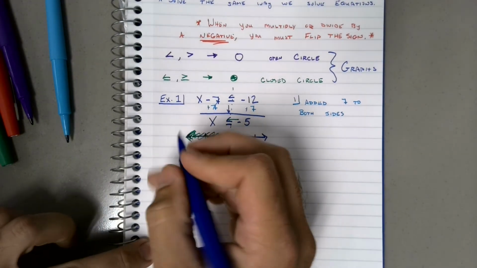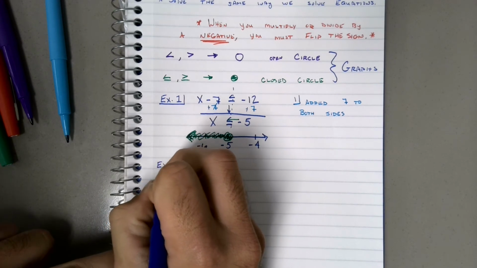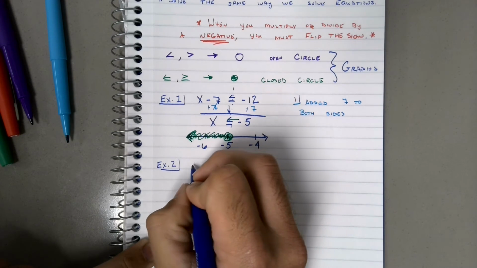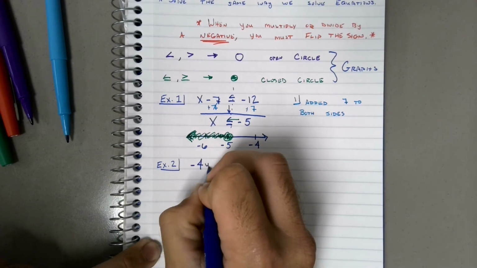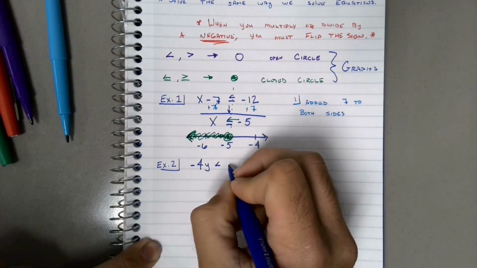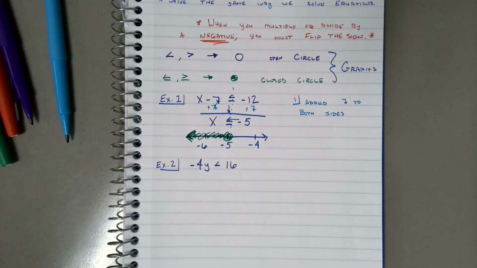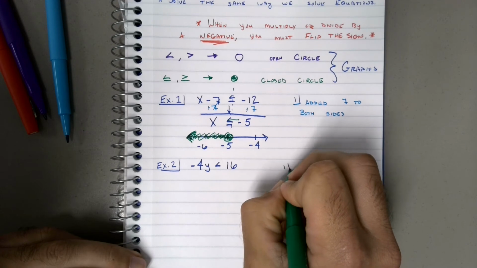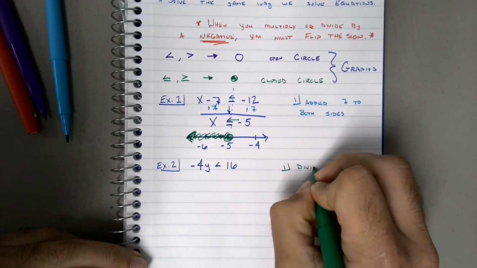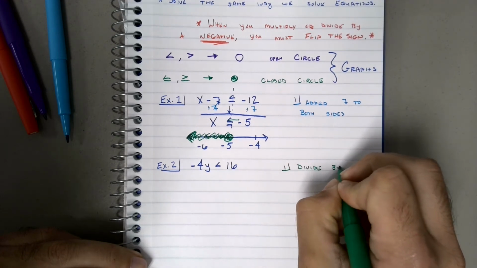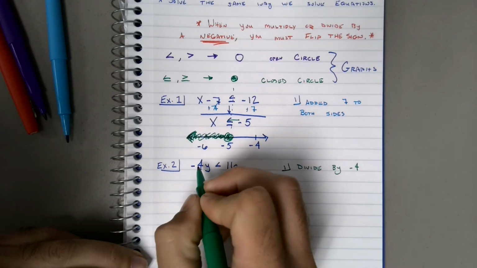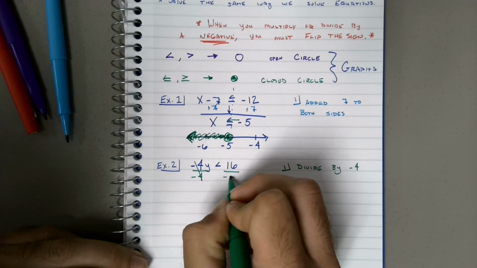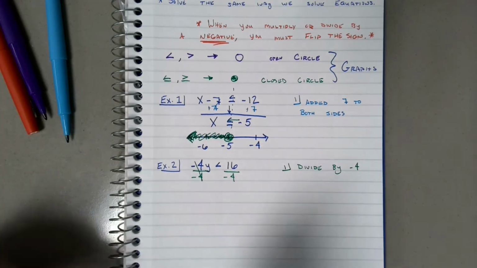Okay, let's look at another example. Let's say I have negative 4y is less than 16. So first thing I'm going to do here, we're going to divide by negative 4 on both sides because this is multiplication, opposite of multiplication is division. Divide by negative 4, divide by negative 4. What happened there?